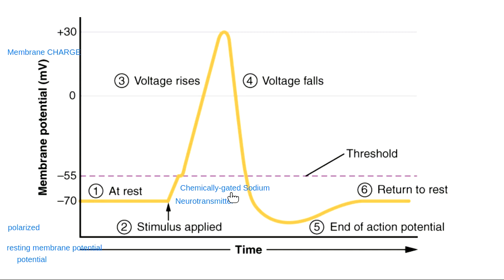When we talk about a gated channel, whether it's chemically gated, voltage gated, or mechanically gated, doesn't matter. If it's gated, it's not always open. I have to open the gate. So when I apply my stimulus, when I do the right kind of chemical, the right neurotransmitter, that's going to open up a chemically gated sodium channel.